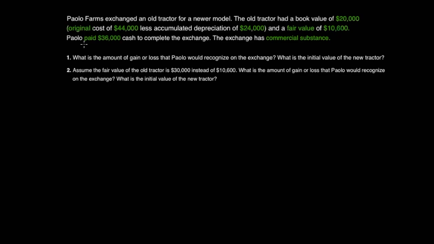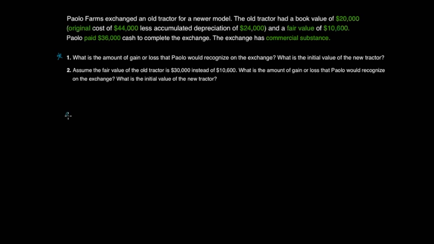Okay, so we are going to start here with number 1. What is the amount of the gain or loss that Paulo would recognize on the exchange? And what is the initial value of the tractor? So first, we're going to determine the gain or loss on this asset. And it's really simple. First thing you do, it is the book value minus the fair market value.